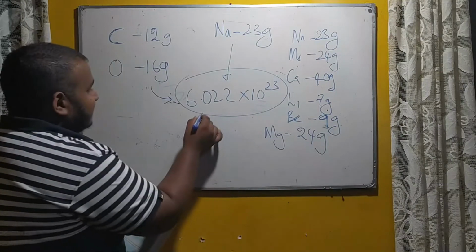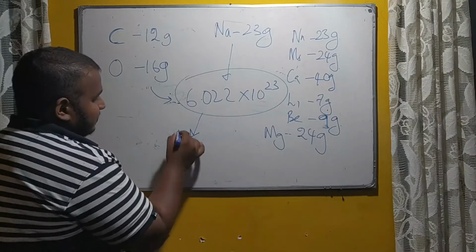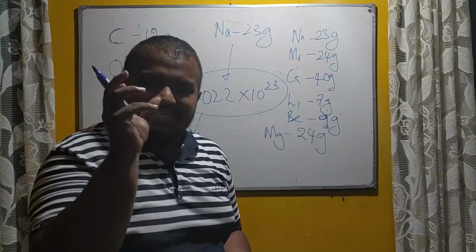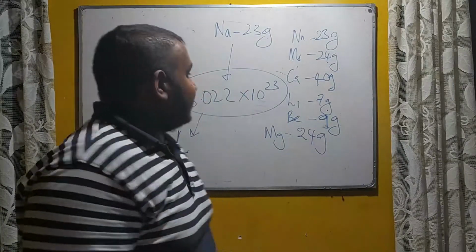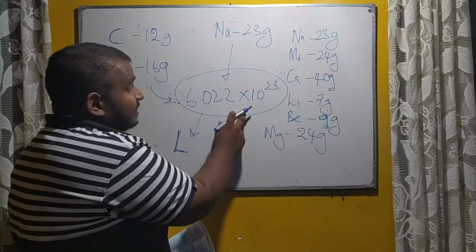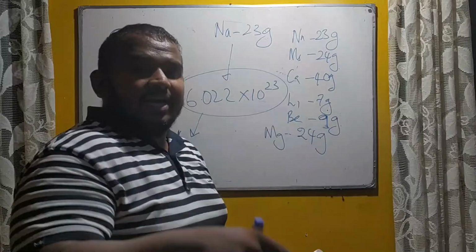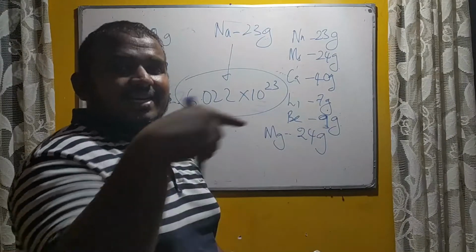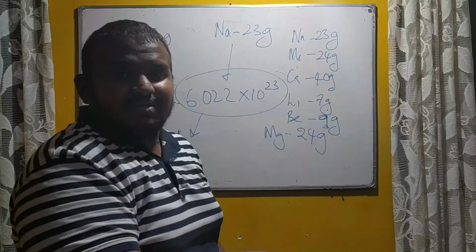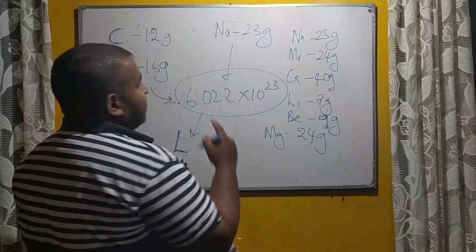We symbolize this constant, Avogadro constant, as L. So Avogadro constant is a number, it is a value. That value is 6.0 into 10 to the power of 23. How do we obtain this value? If you take the relative atomic mass in grams of an element, the number of atoms of that element in that specific mass will be this much.